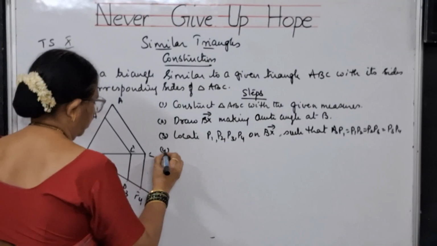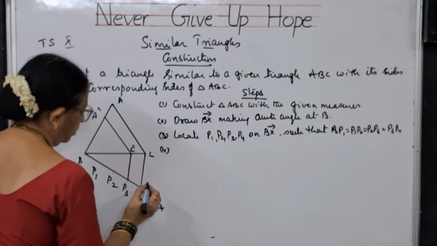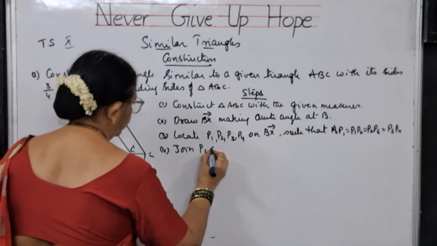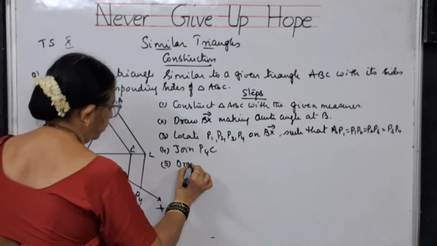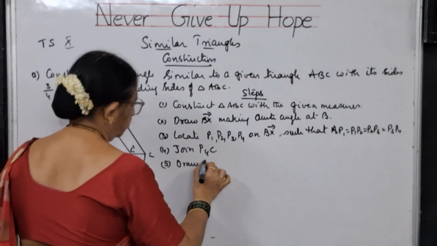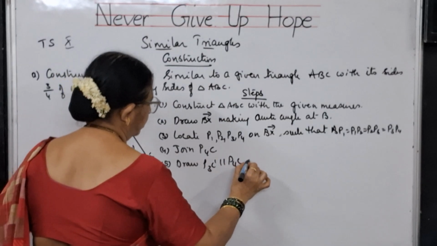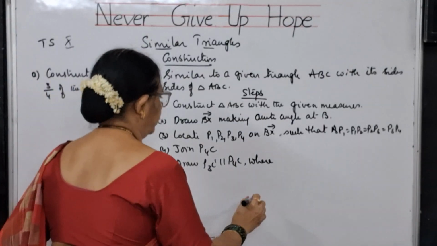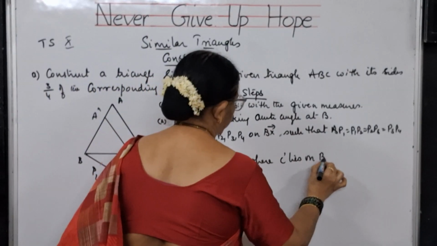Then what is the fourth point? Join P4C. Fifth point, draw P3C dash parallel to P4C, where C dash lies on BC.